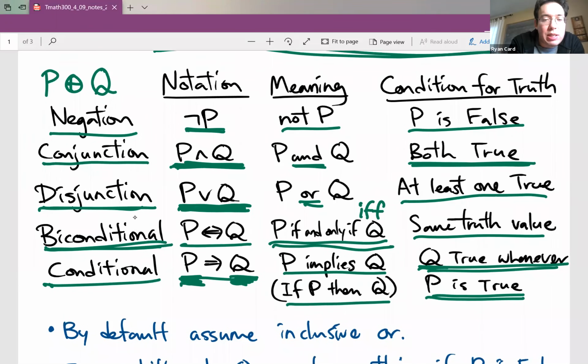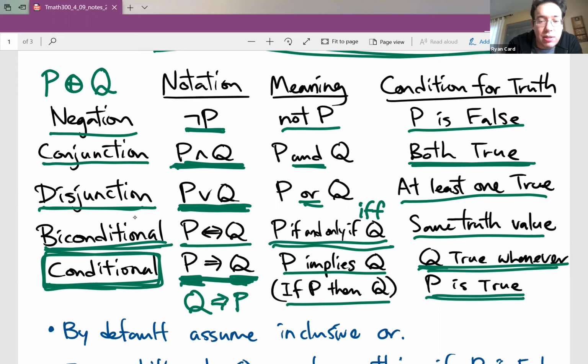What makes conditional slightly tricky to handle is that unlike any other connectives that we've discussed so far, this thing is not symmetric. So P implies Q is not the same thing as Q implies P. That would be two different things.